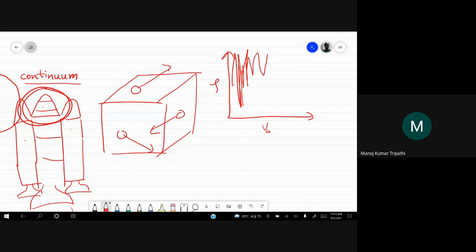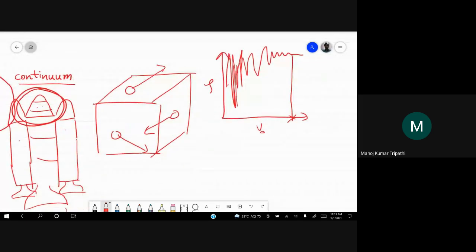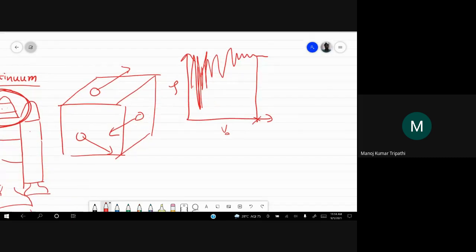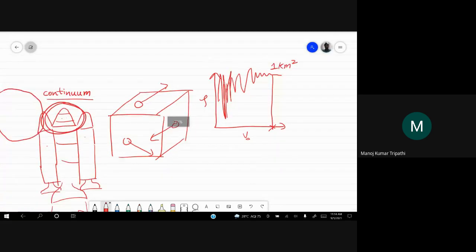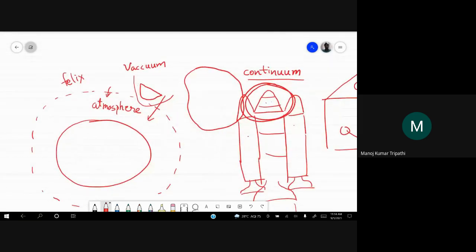Maybe it is zero sometimes when there are no molecules of air inside this volume, and sometimes it is more, and so on. And after some limit, the continuum limit may have some other volume. Okay, this volume limit for the continuum assumption to be valid may be 1 cubic kilometer, for some region in the outer atmosphere. Okay, but your re-entry vehicle may not be that large, of the order of kilometers. It is of the order of a few meters, right?